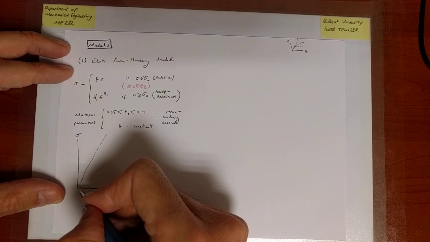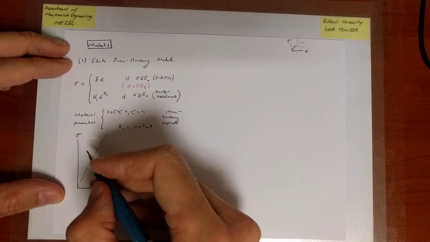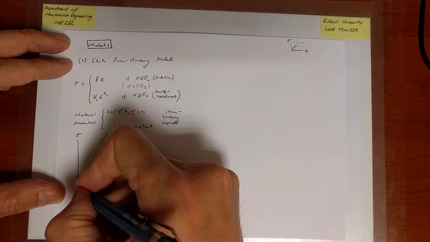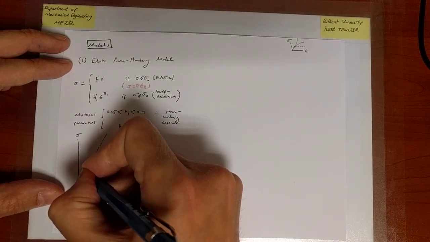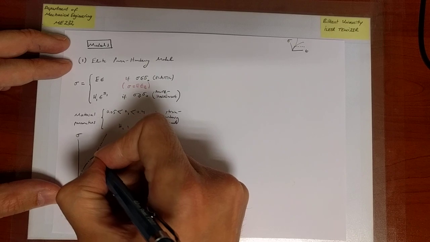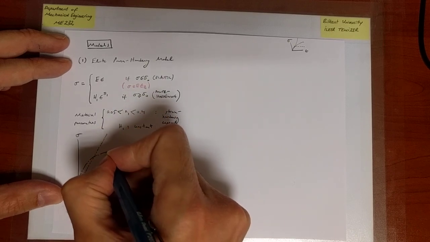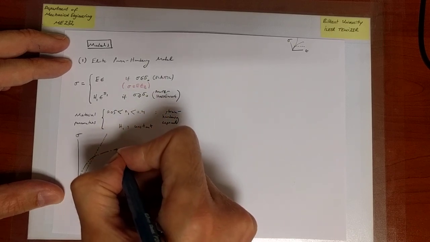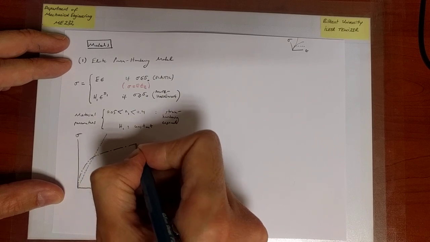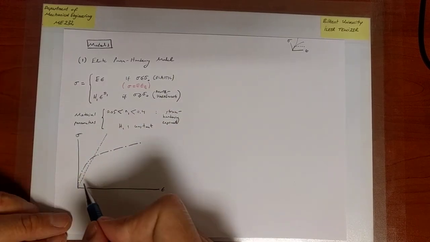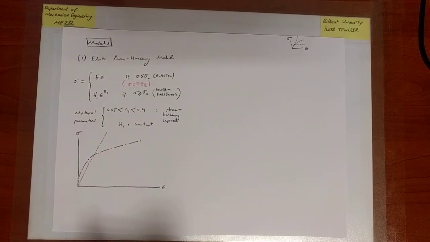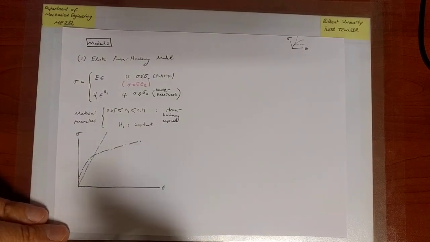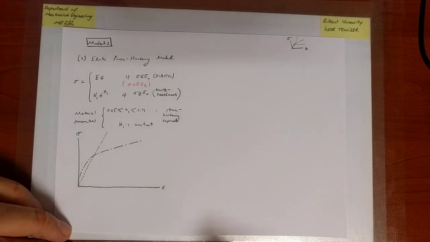If I plot that relation, with realistic values of H1 and N1, let me draw that in a slightly different way, you will see a curve that looks like this. I'm drawing it only to a certain extent, certainly to a region before necking occurs, for a reason that I will comment on shortly.